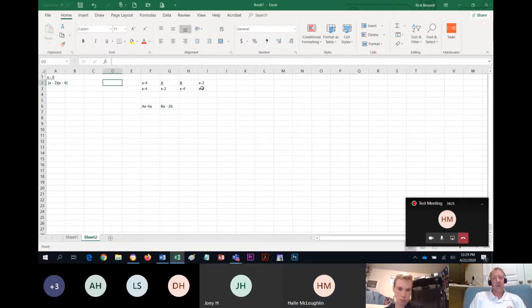So now that I've got common denominators, I just have to look at the numerator. I'm going to have an x equation, and I'm going to have a number equation. So what's my x equation? A plus b equals 1.